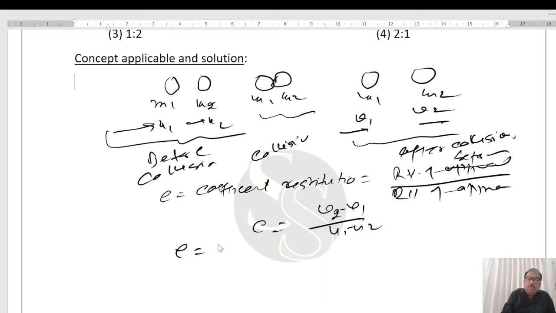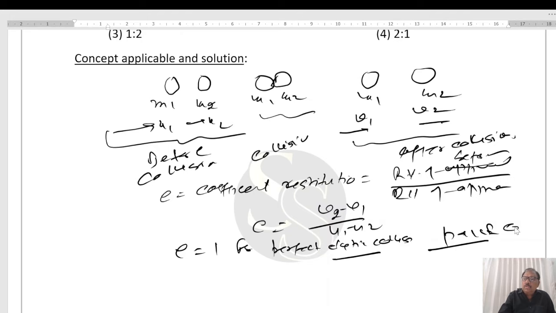e equal to 1 for perfectly elastic collision, in which momentum and kinetic energy both are conserved. e equal to 0 for perfectly inelastic collision.